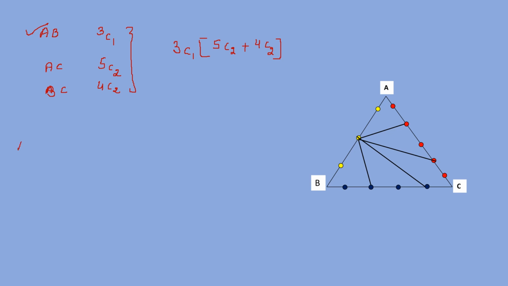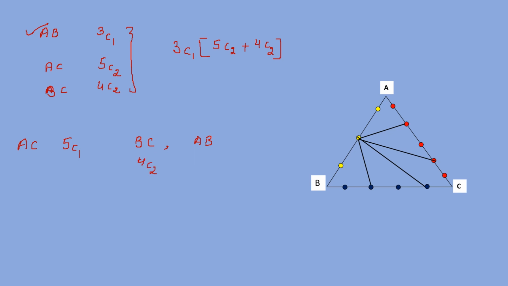Similarly, if you fix the side AC and choose one point from here, then you have choices 5C1. Now you can choose 2 points from the other sides. It means you can choose 2 points from BC and 2 points from AB. What are the choices from BC? These are 4C2.